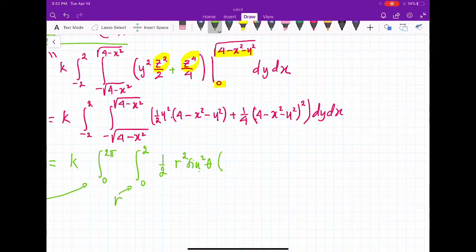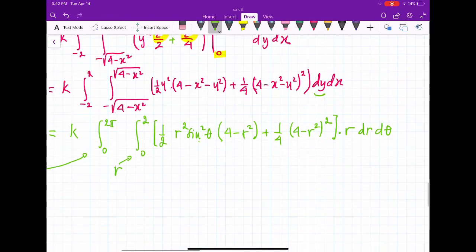And 4 minus x squared minus y squared is just 4 minus r squared. Here plus 1/4 times (4 minus r squared) squared. And don't forget to multiply by r when you go from rectangular to polar coordinates. Instead of dy dx, in this case I have dr and then d theta.